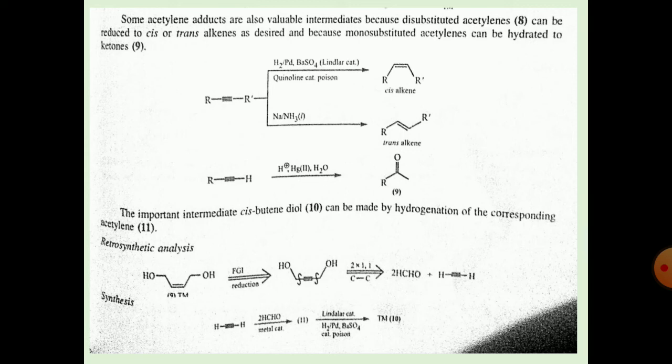For the retrosynthetic analysis, the target molecule first undergoes FGI, meaning functional group interconversion. In the reduction, the double bond is converted into the triple bond, and then again a 1,1 carbon disconnection with formation of this aldehyde and the alkyne molecule.